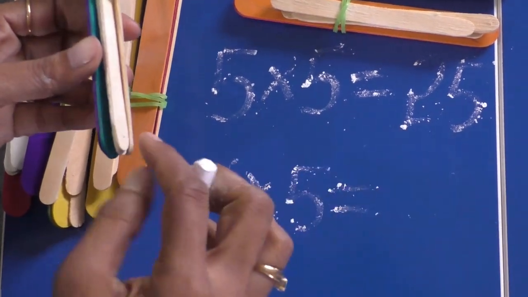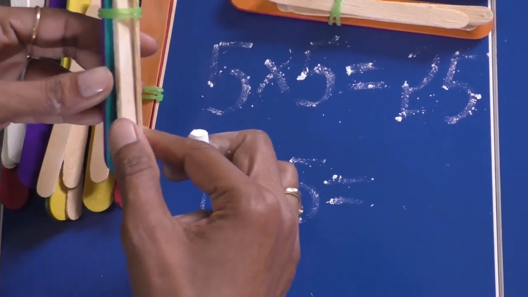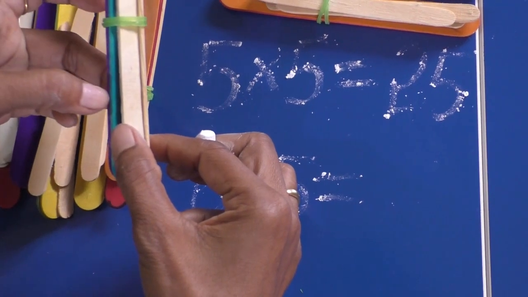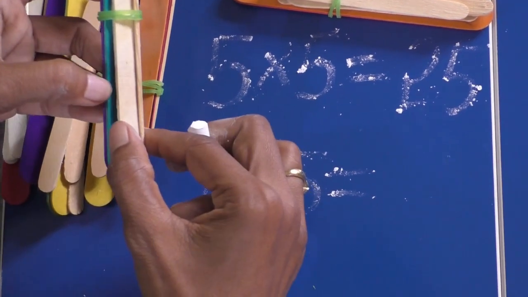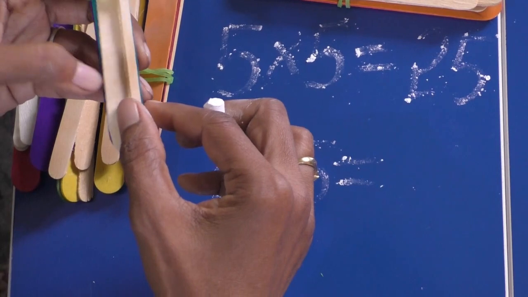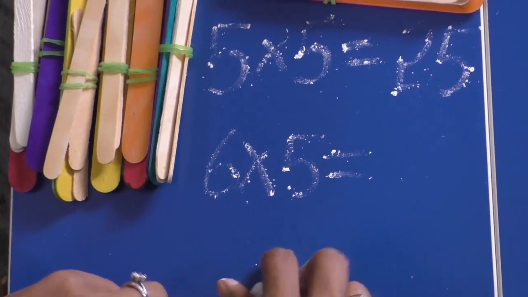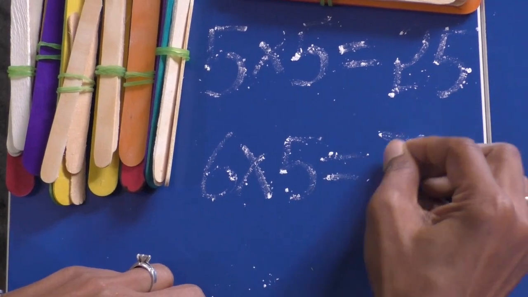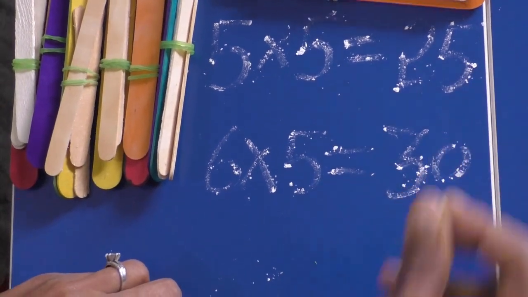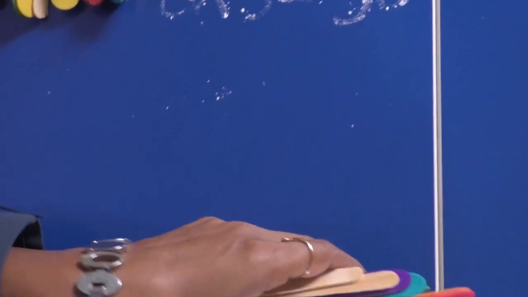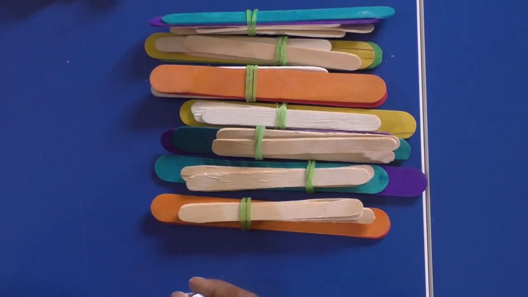So after 25 you have to add 5 more. So after 25 count 26, 27, 28, 29, 30. So 6 into 5 is 30.